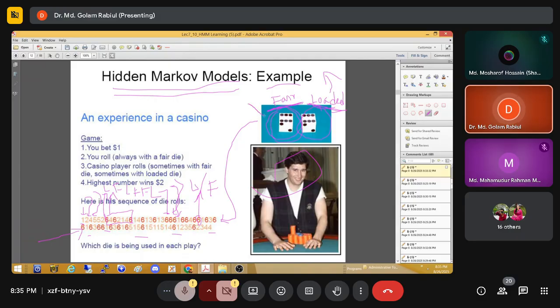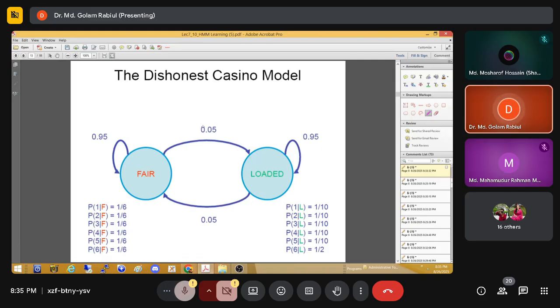If we roll a die, one can appear, two can appear, like this: 1, 2, 3, 4, 5, 6. Six possible outcomes from a single die roll. So the model will be like this: fair and loaded.